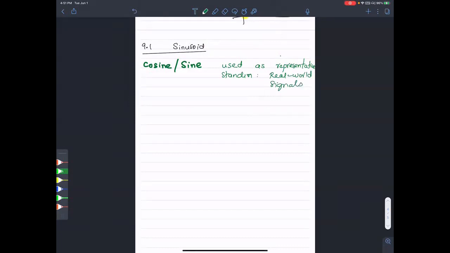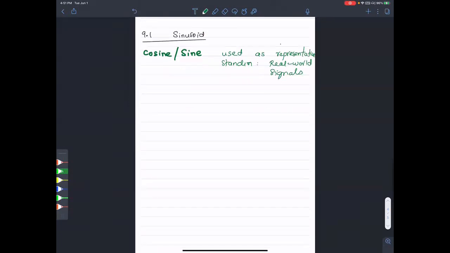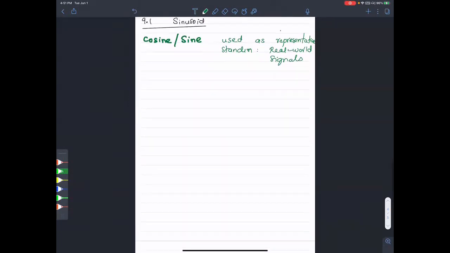So we'd like to understand the sinusoidal analysis, since a lot of real world time varying signals are like this.